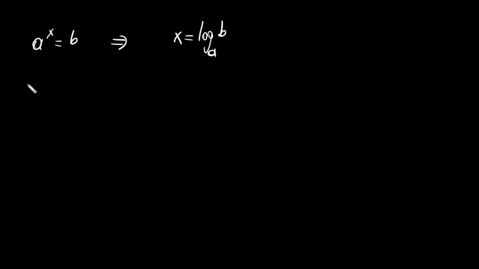We can also write it the other way. If we have log base a of b is equal to x, then we can write this as a to the power of x is equal to b.